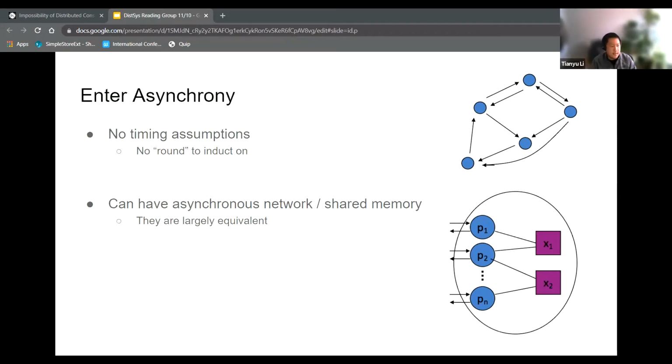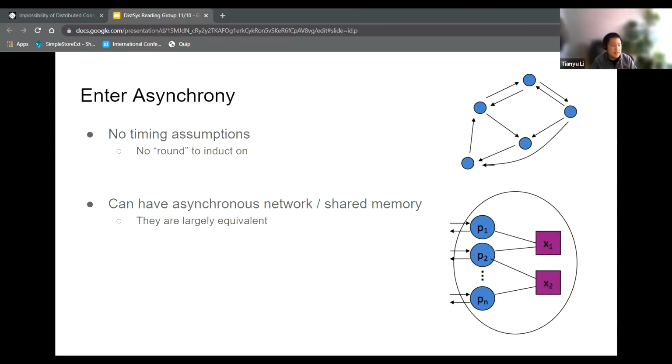But in an asynchronous network, there are no timing assumptions, which means one processor can take 10 steps whereas the other processor only took one, or maybe a message is arbitrarily delayed, and you can't assume anything about this timing. That removes the construct that's essential to so many proofs in the earlier results in this field.